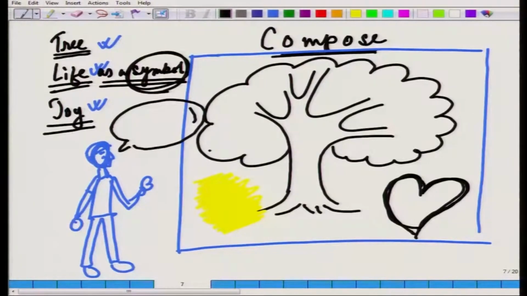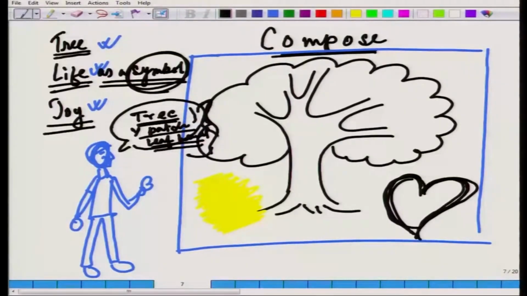So, when he sees a tree, he will read it as a tree. When he sees a patch, he will read it as a yellow patch, and when he sees a shape like this, he can either read it as a leaf or heart, but they cannot connect it together. So, an effective communication may not take place.